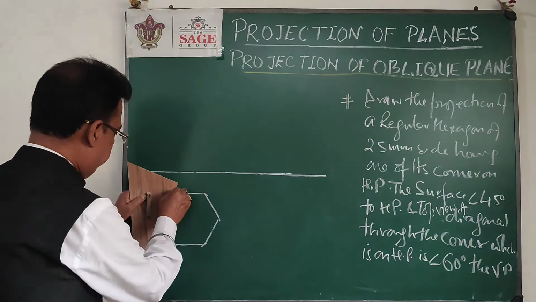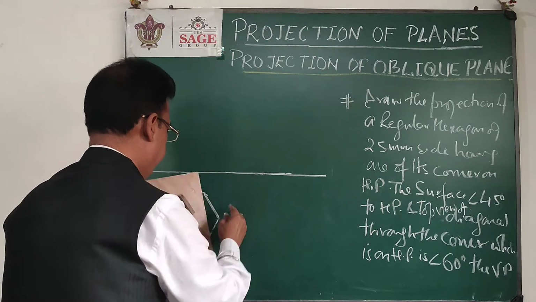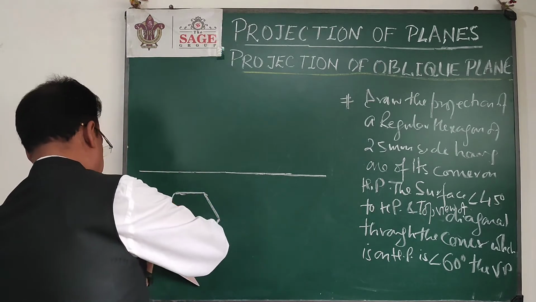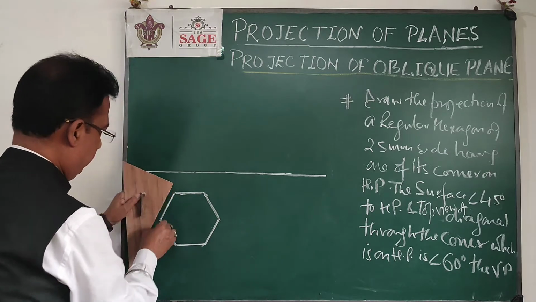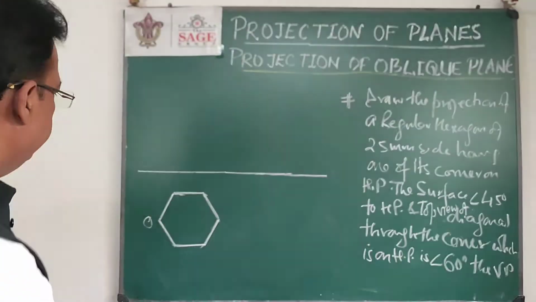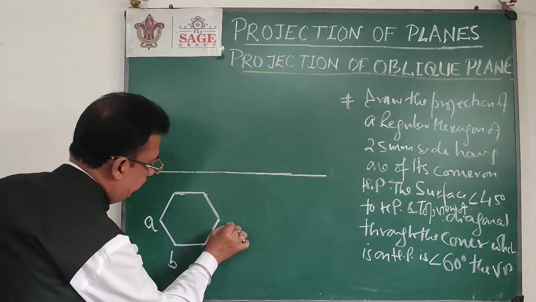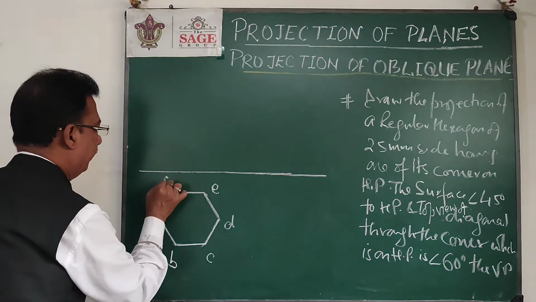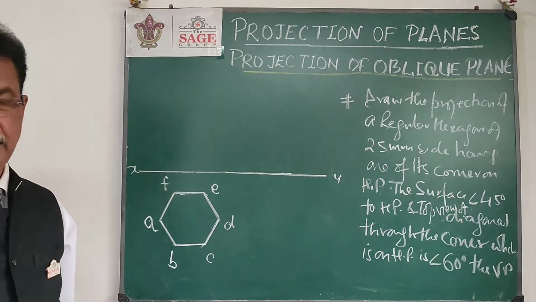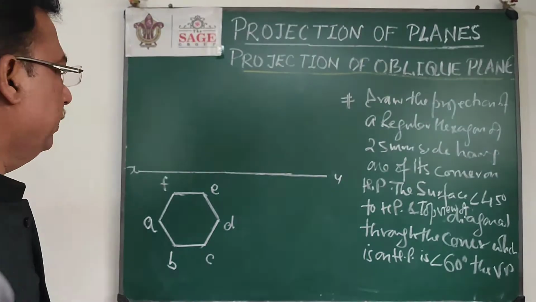So this is the first figure, the hexagon. I will name this A, B, C, D, E and F. Now look at this figure. This diagonal is parallel to VP. As we are keeping this plane on the HP, you know that the front view will be on the reference line.